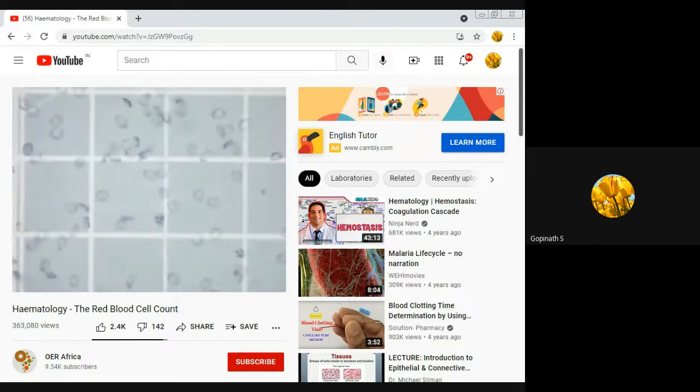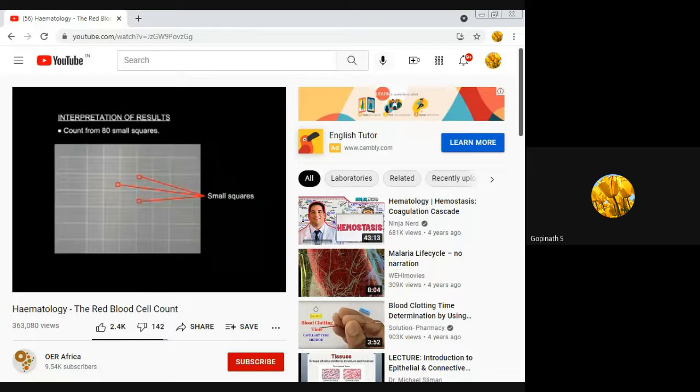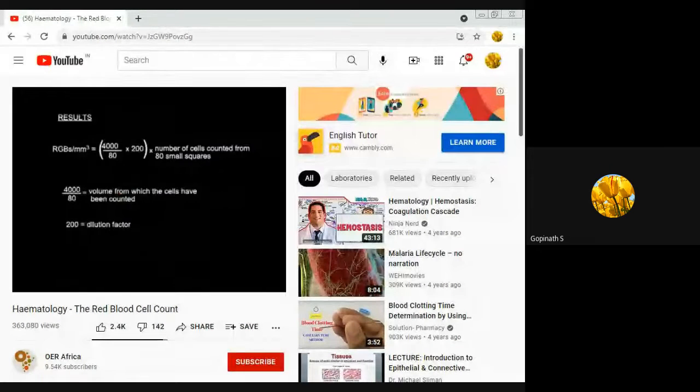So this is an illustration of RBC and WBC. So inside the square, the cells will be measured. So generally the resistivity of the RBC is very low compared to the WBC cell.